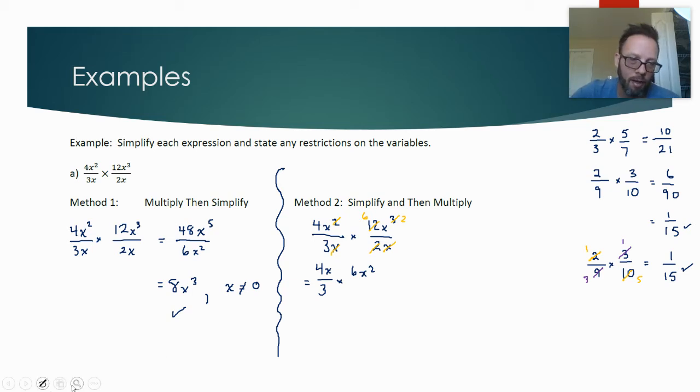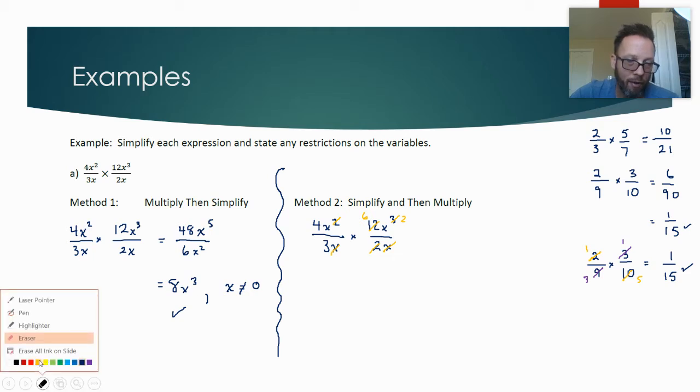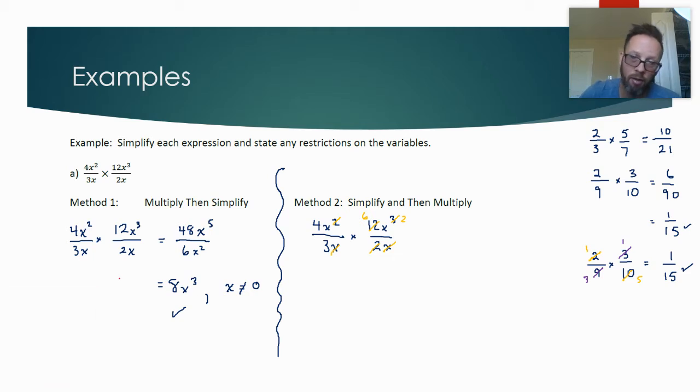Yeah, I might actually just do that just for the sake of completeness. If I'm doing simplifying, I just want to make sure everything is simplified completely. So I'll use a different color because I'm now doing a second layer. But yeah, 6 divided by 3 is 2. And there's no more simplifying I can do.